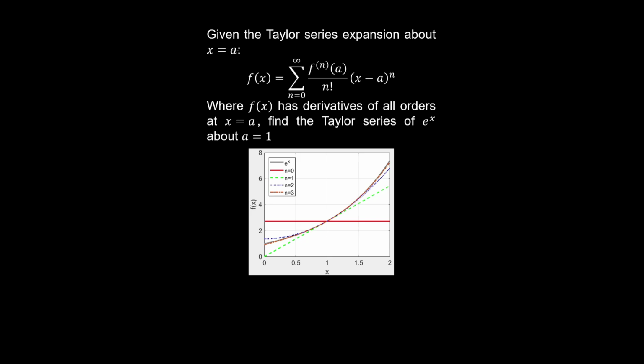Given a Taylor series expansion about x equals a, which can be written in this form, where f of x has derivatives of all orders at x equals a, we're asked to find a Taylor series of e to the x about a equals 1. So let's expand a few terms of this series.